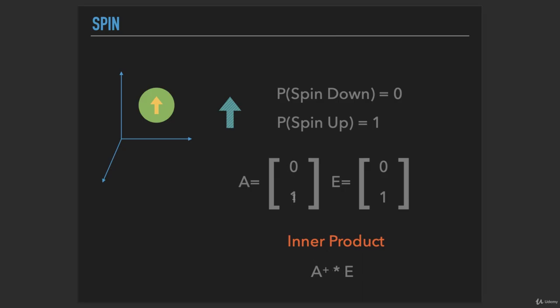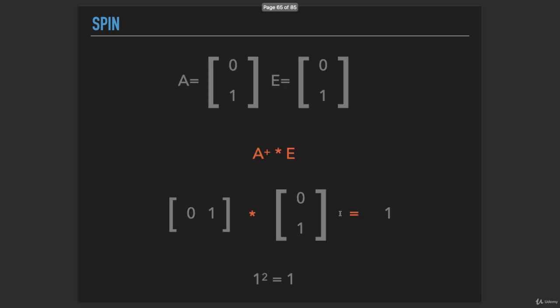Of course, we're going to take a transpose, and we're going to take a complex conjugate. Getting the transpose is very easy at this point. So it's 0 1, and E is still the same, 0 1 again. If we multiply this, we're going to get 1. So 1 squared is 1 itself. So 100% of the time we're going to get this result.